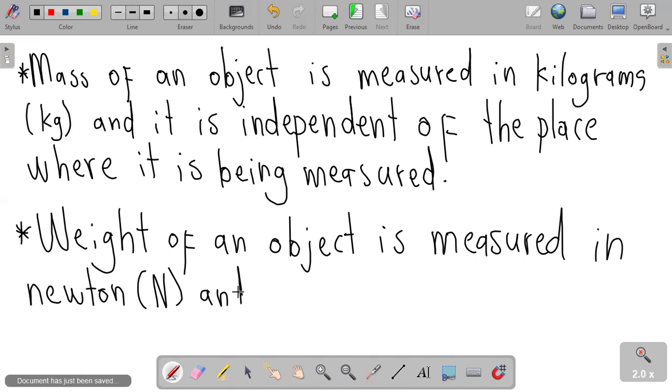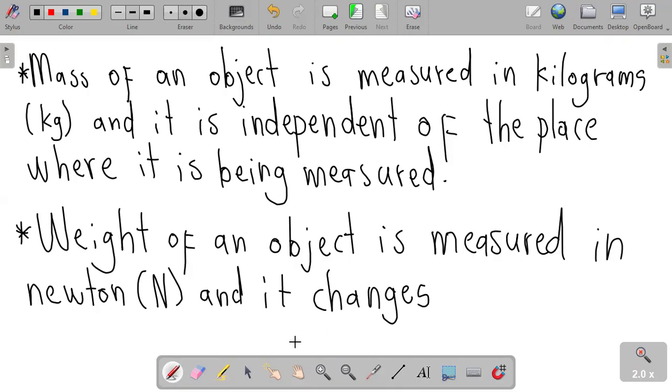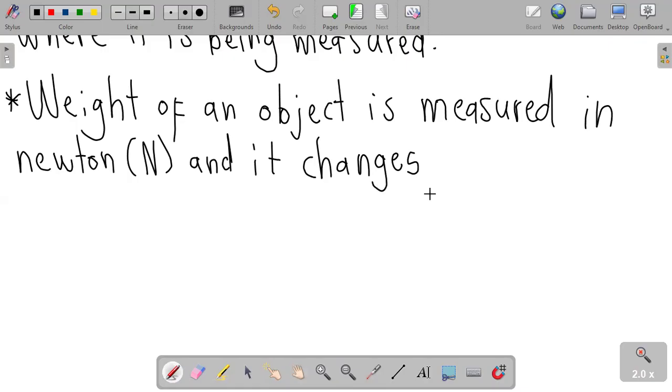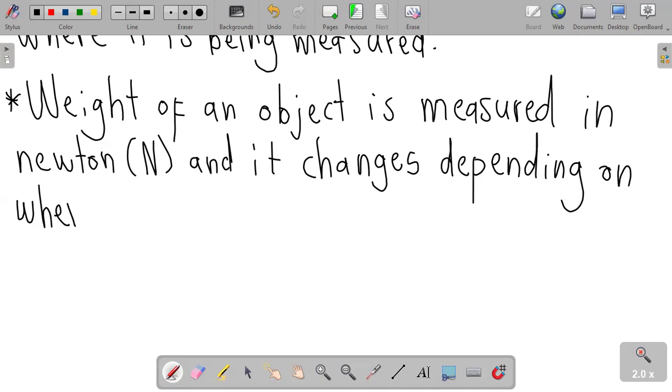And it changes depending on where it is being measured.